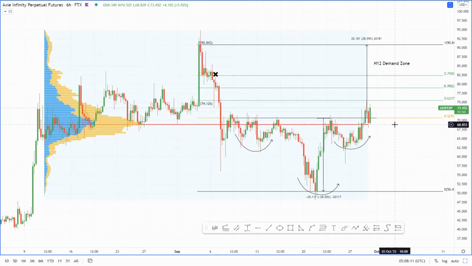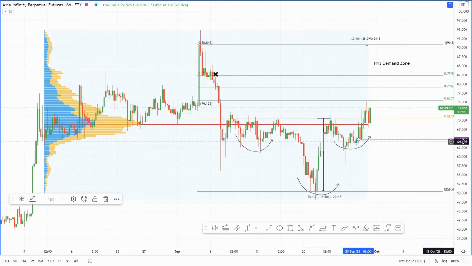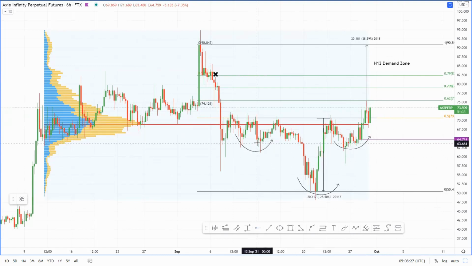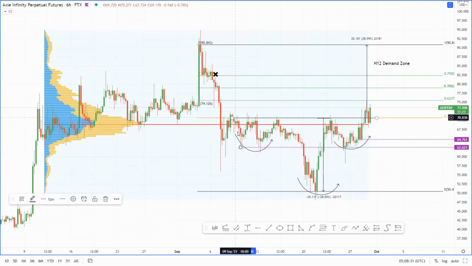If it closes below this, then you can expect this whole bullish thesis to be invalidated, right? In that case, you can expect it to head down and retest this red candle's base at 64, around 65, and somewhere around the base of this pattern, the shoulders around $62.